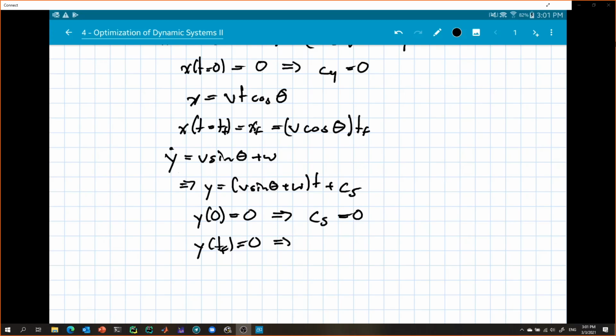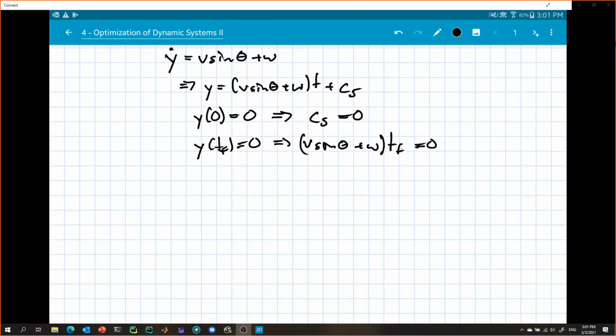Therefore, V sine of theta plus w, times tf, is equal to 0. tf is non-zero, so then we get sine of theta is equal to negative w over V.